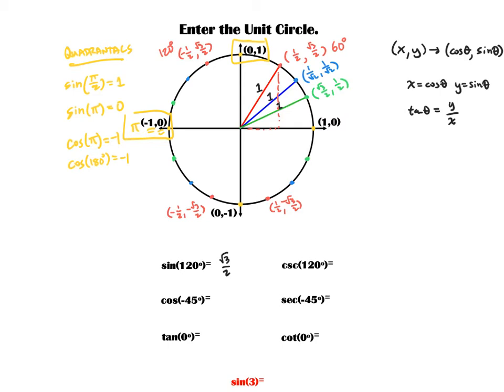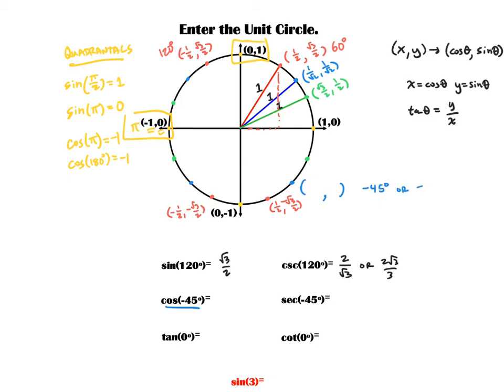Well, the cosecant at 120 will be the reciprocal of the sine of 120, which will be 2 over root 3. I could rewrite that if I want to as 2 root 3 over 3. Let's look at another example here, the cosine of negative 45. Well, the cosine of negative 45 will be this angle here, right? This will be negative 45 degrees.